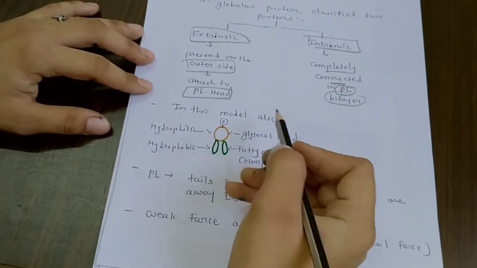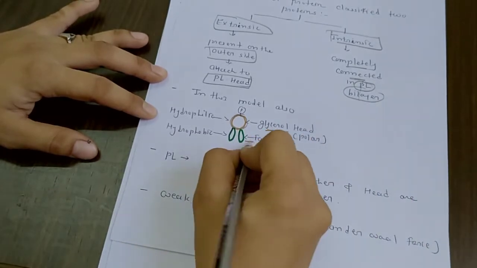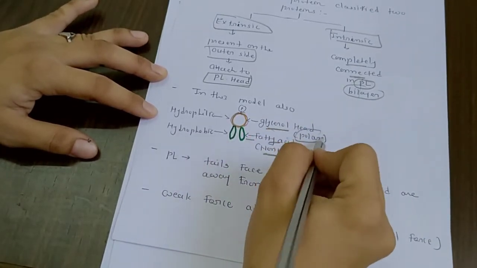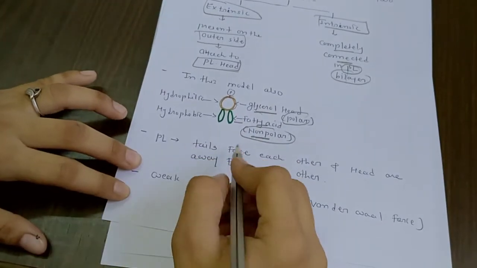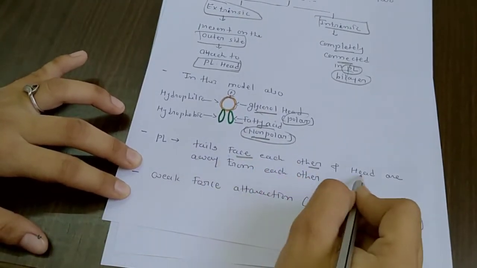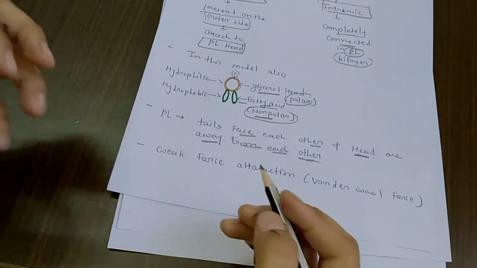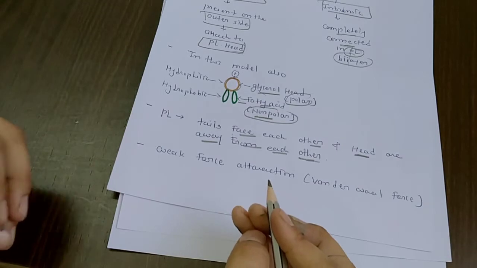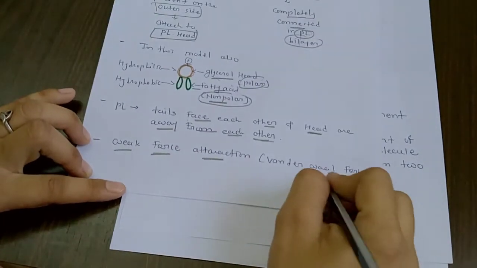In this model also there is a glycerol head and fatty acids. The head is polar and the fatty acid is non-polar, right? The phospholipid tails face each other and the heads are away from each other, right? And in this model, the weak attractive van der Waals force is used, right?